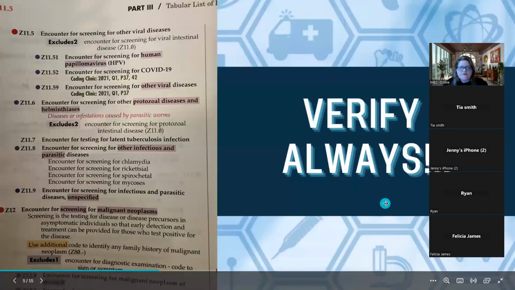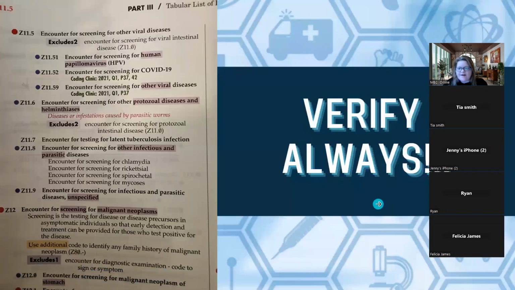Verify always. You always have to verify, because more than likely the index is going to bring you to something like Z11.5 up here, but that's not a usable code. You're going to have to follow your indentions down and see how specific you can get with it, and see what other information they're going to require from that code, okay? Verify always.